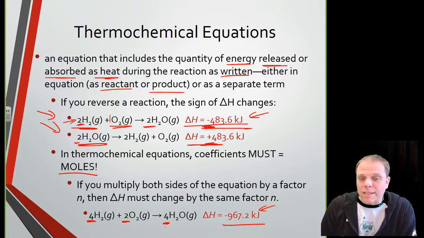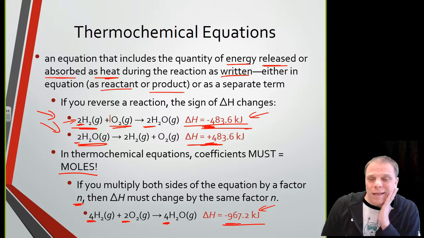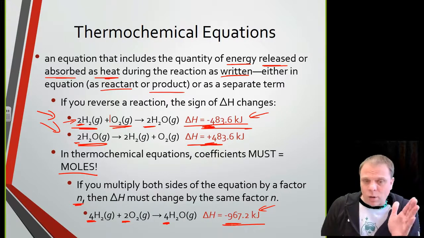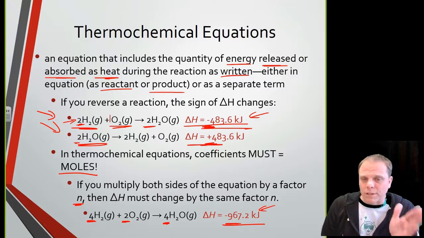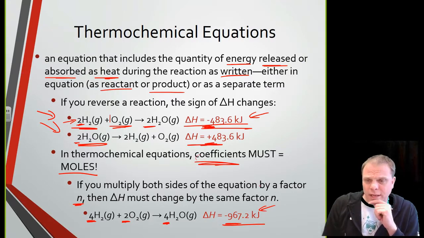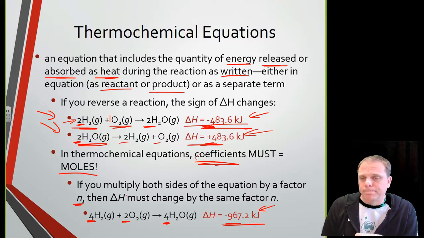If I'm increasing by a factor of n in terms of the number of moles, then I'm increasing my enthalpy by an equal factor. I have to multiply by that same factor. The coefficients correspond to moles. So when I give a kilojoule value, it is based upon the mole values written in my chemical equation.